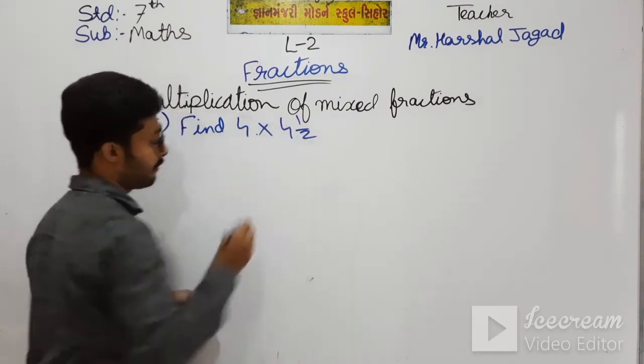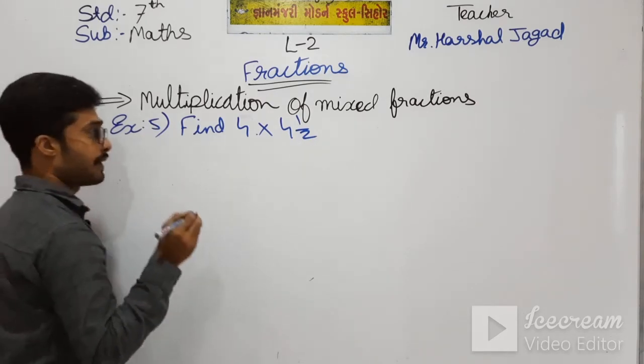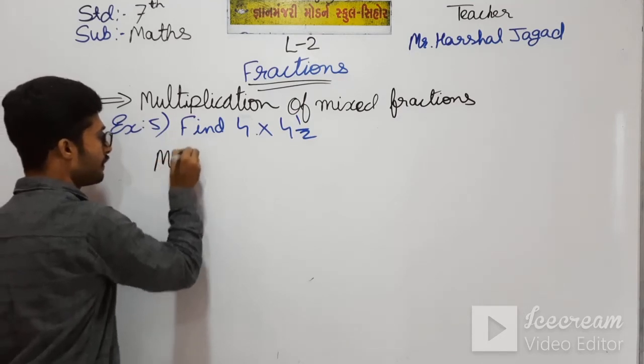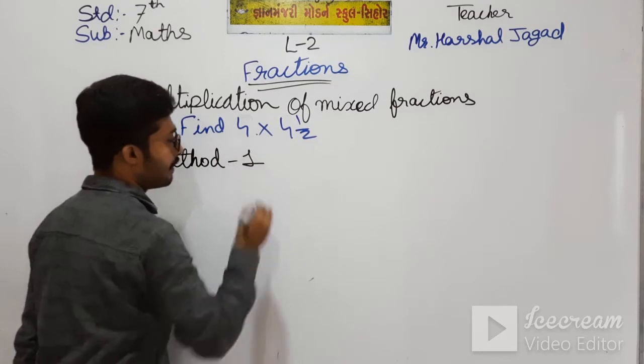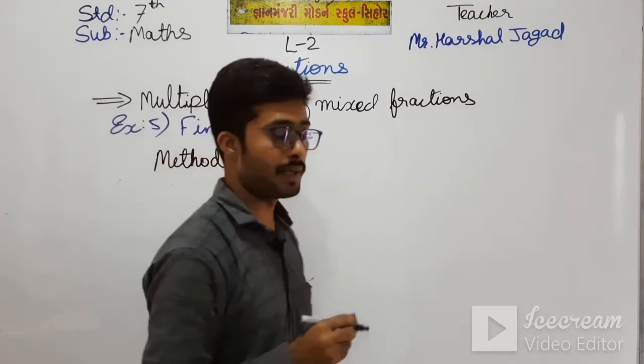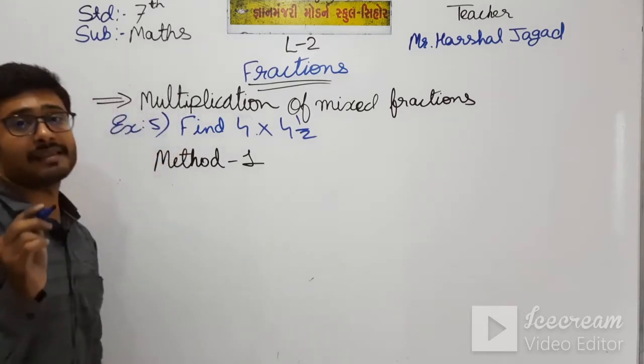So first of all we will solve this by method 1, the box method. Method number 1, using box multiplication. In that method, what we have to do, let us see that.